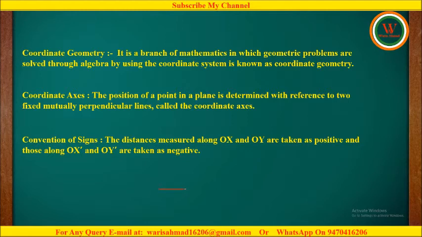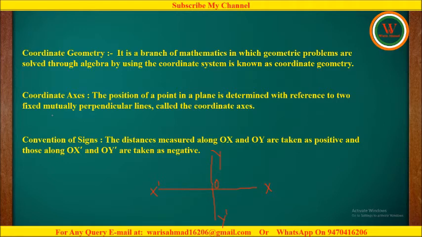Suppose we have the horizontal line and this is the vertical line. As I said, this is the x-axis. Now this will represent x dash, this is y, and this will represent y dash. The intersection of these two axes is termed the origin, which is represented by O.